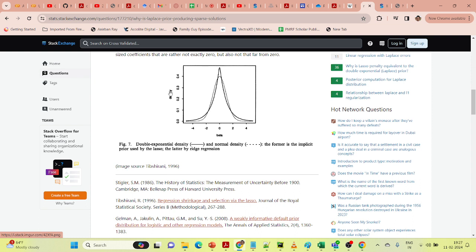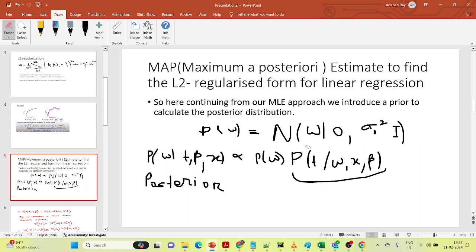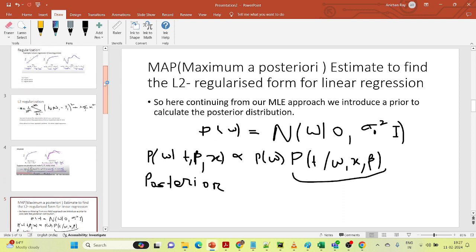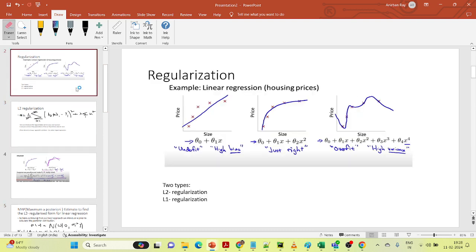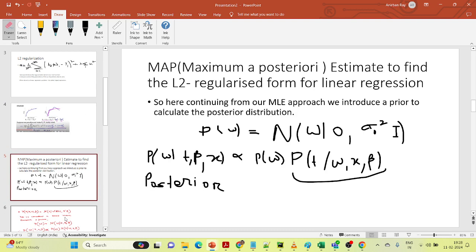As you can see, the probability density reduces. So the idea is that if the values become large, we are going to make them close to zero, as good as not occurring. That is the idea actually. Posterior is proportional to prior times likelihood.